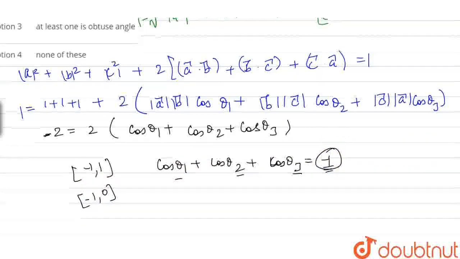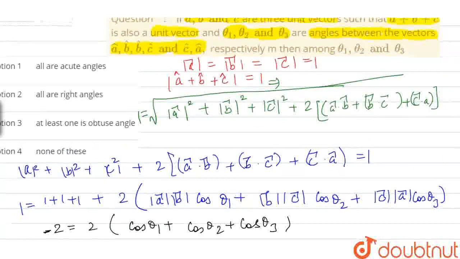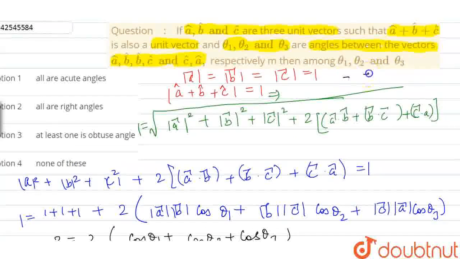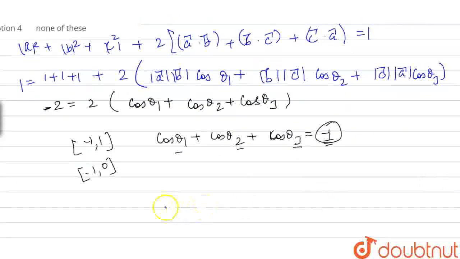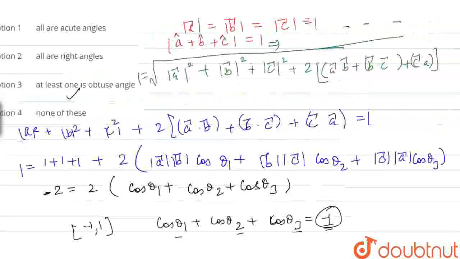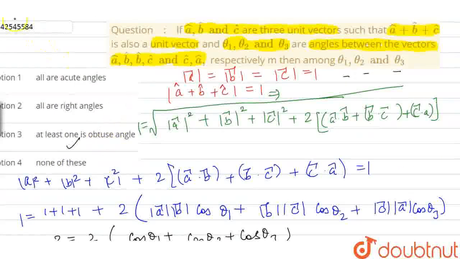So we can say that at least one of the angles theta 1, theta 2 and theta 3 is going to be an obtuse angle, so that the value of cos theta lies from minus 1 to 0, right? So option C is the appropriate answer for the given problem.